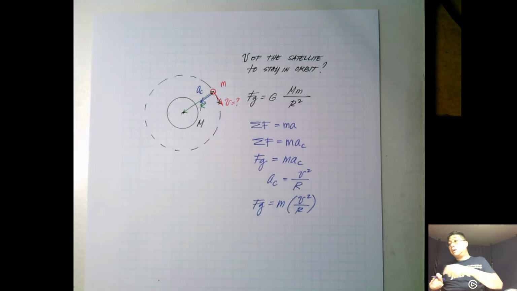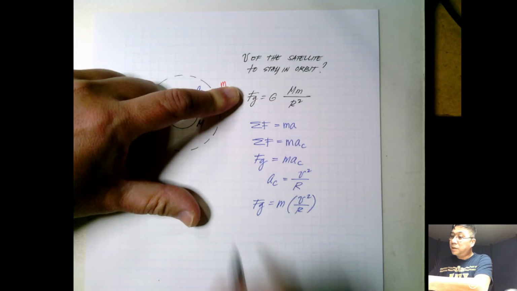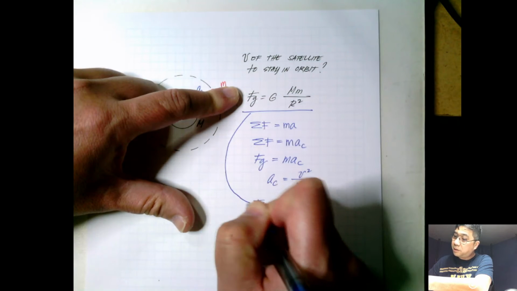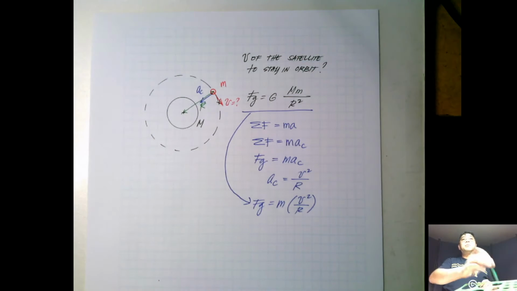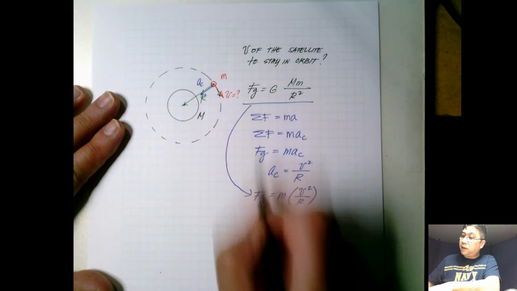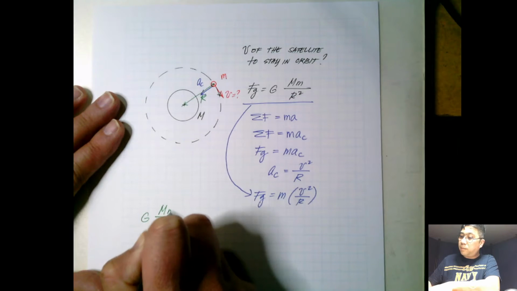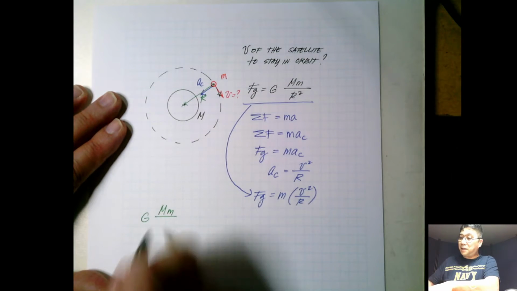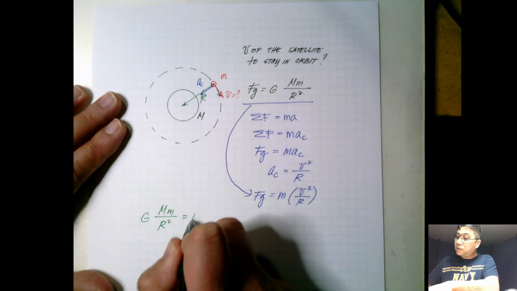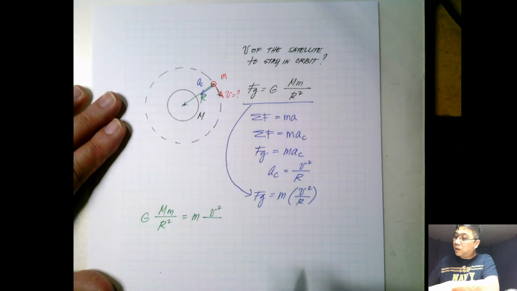But from the first equation we have Fg as follows, so let's plug in this value of Fg. Instead of writing Fg, I will have G times M multiplied by the lowercase m, the mass of the satellite, divided by the distance squared, and that is equivalent to m times velocity squared over r.